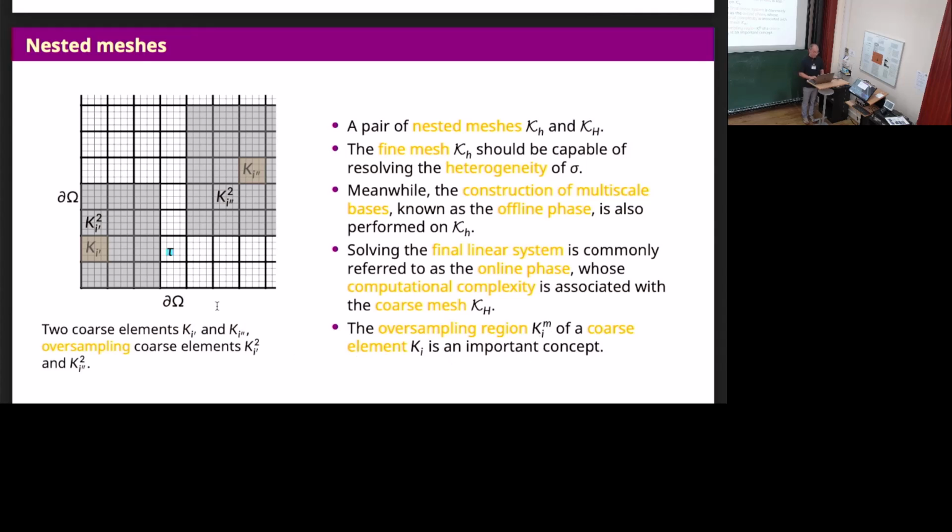So for example, basically K_i is a coarse element, and then we can define the oversampling region by extending the coarse element K_i by m coarse mesh layers. So for example, if this is K_i double prime, then this region is K_i double prime 2, because we extend this coarse element by 2 coarse mesh layers.